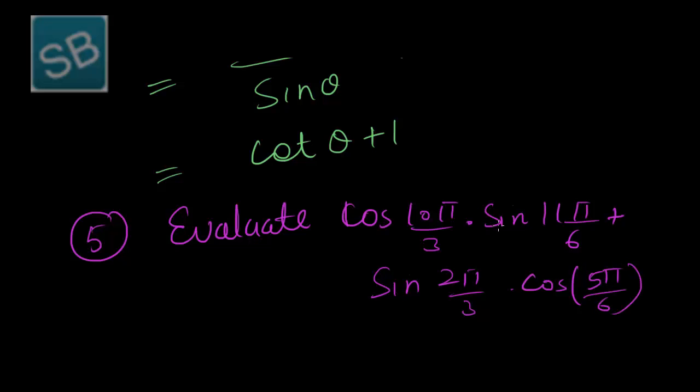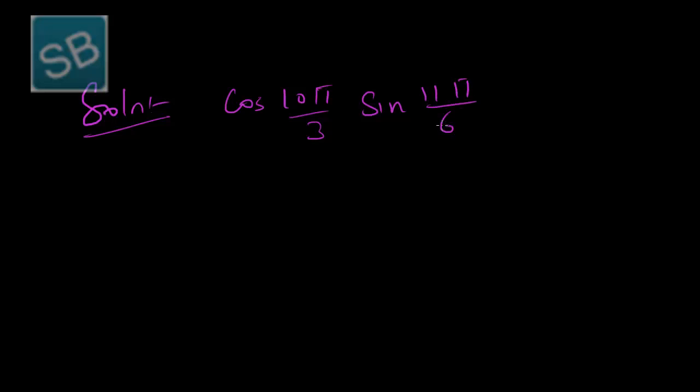So we have to find the value of this, an expression related to cos and sin functions with different angles. So we have cos 10 pi over 3 sin 11 pi over 6 plus sin 2 pi over 3 cos 5 pi over 6.